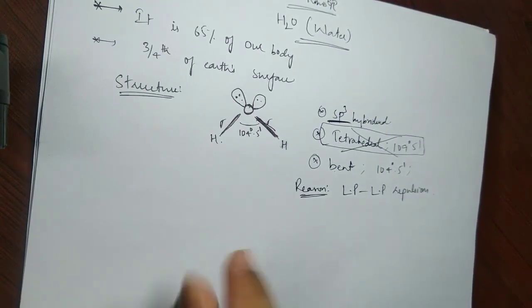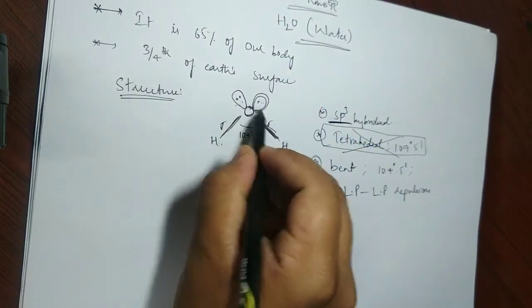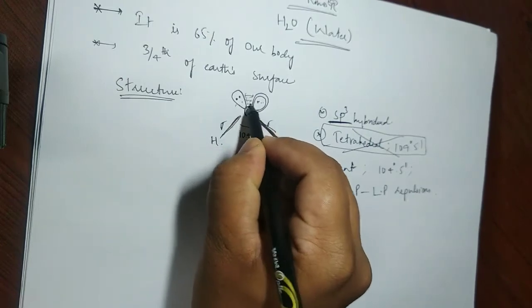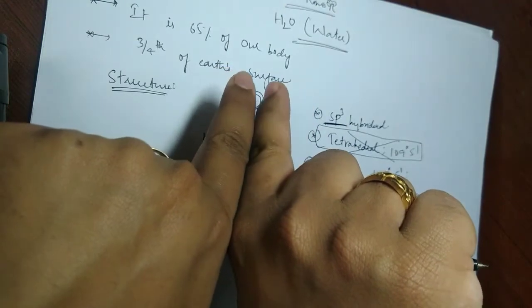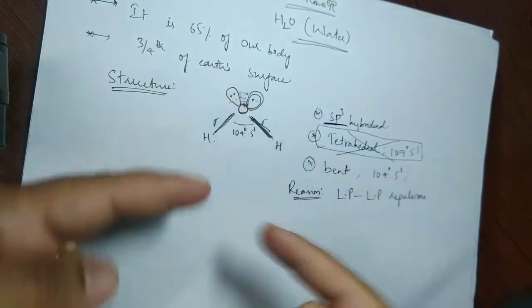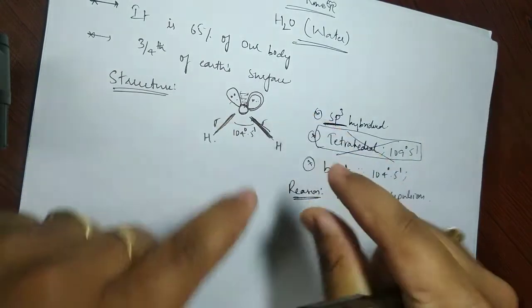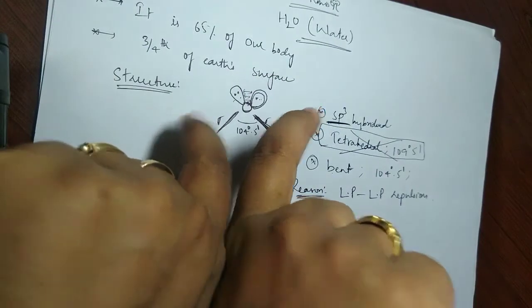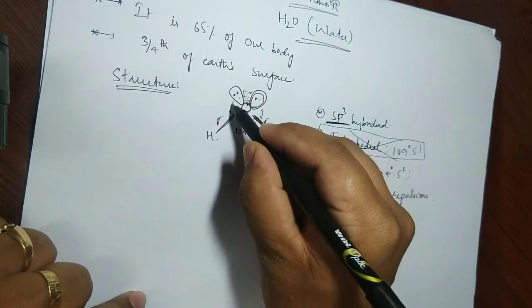Out of which the first, lone pair-lone pair repulsion, is the greatest. Because of these two lone pairs of electrons there is a greater repulsion between them, so they try to repel each other. As they repel each other, the bonds which were like this are forcibly crushed down.